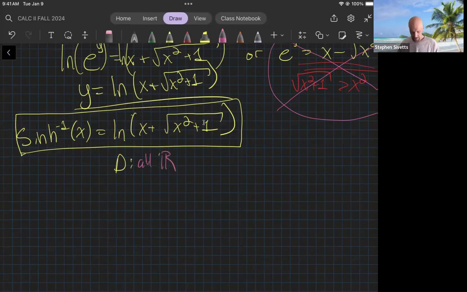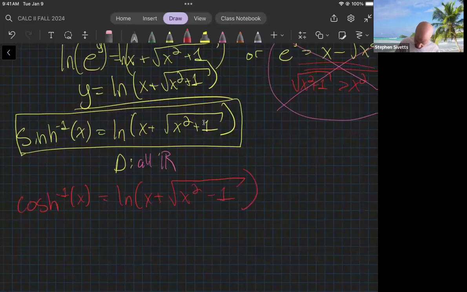Now, I want you to try on your own how to formulate inverse hyperbolic cosine. This is the natural log of x plus the square root of x squared minus 1.